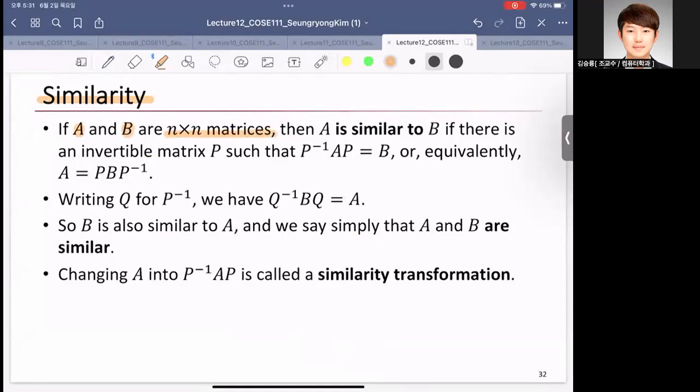Then A is similar to B if there is an invertible matrix P such that P inverse times A times P equals B, or equivalently A is equal to P B P inverse, because P is invertible, right? In this case, we say A is similar to B.